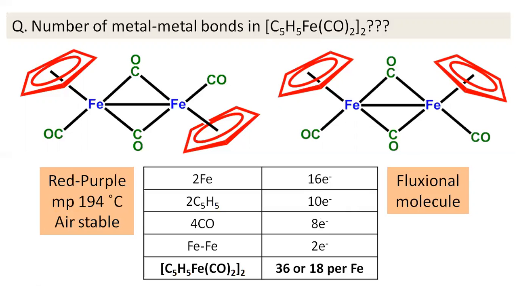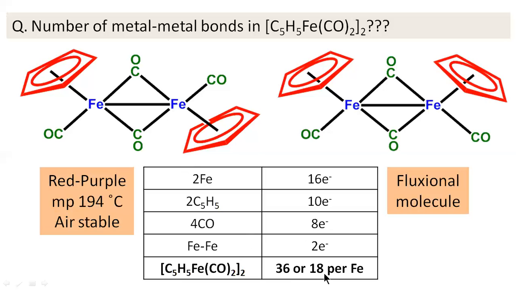But if I do not include any metal-metal bond, the number of electrons comes out to be 34. So I need 2 more electrons, and to add 2 more electrons, I need to include 1 metal-metal bond. If I include 1 metal-metal bond, it will provide 2 electrons, and the total I'll get is 36, and the number of electrons for each iron will be 18.